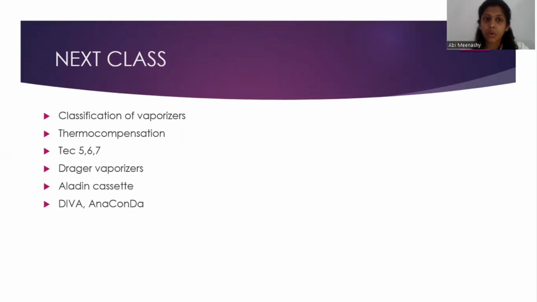And about classification of vaporizers, there are multiple classifications according to their vaporizing methods, according to their agent specificity. So that will also be dealt with in depth. In order to understand all the working mechanisms of the modern vaporizer, you need to be strong in the physics and physical laws governing these.